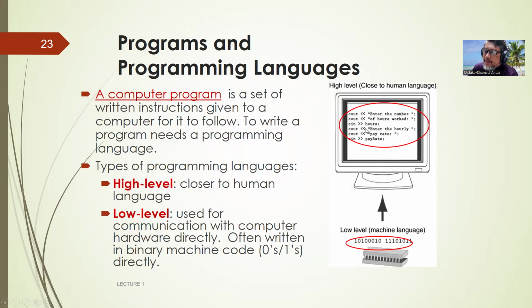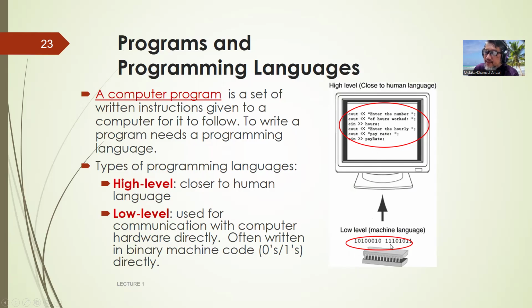But the computer doesn't speak Javanese, Malay, Mandarin or Cantonese. They speak low-level machine language, in zeros and ones. They don't understand human languages, and we don't understand their language either.